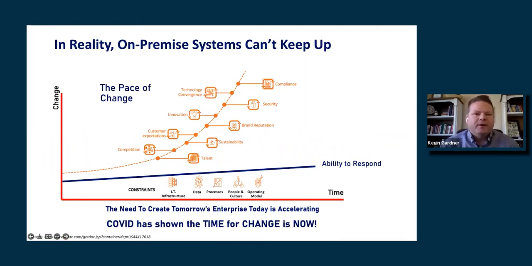So when you look at this breakdown, you've got time that's on there. So you've got constraints of your actual on-premise IT infrastructure, data coming from different sources and being able to process that data, the challenges from your operating model possibly, and some of the things that get in the way of accessing certain stuff, and then your people and culture, right?